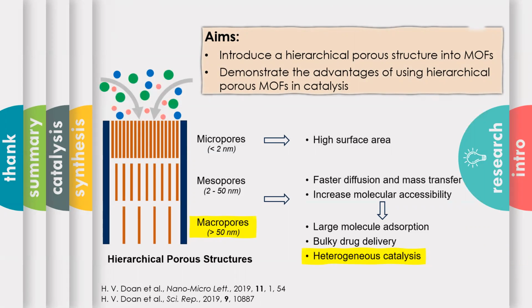More importantly, it offers accessible surface areas, which is vital to enhance reaction kinetics, especially when more and larger molecules can access the active sites in MOFs. We also tested the hierarchical MOF in some catalytic reactions to demonstrate the advantage of these structures and prove the concept that we have introduced.